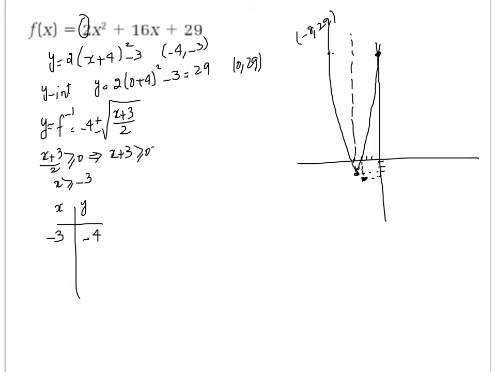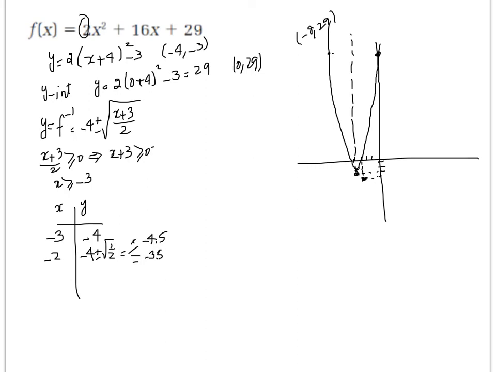The next point, let's say x is negative 2. Negative 2 plus 3 is 1, so we get negative 4 plus or minus square root of 1 over 2, which is either negative 3.5 if we go with addition, or negative 4.5 if we go with subtraction.